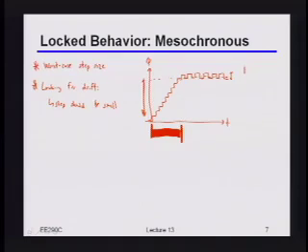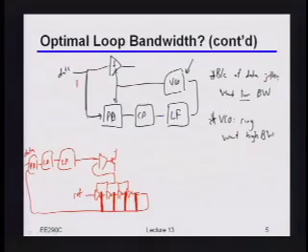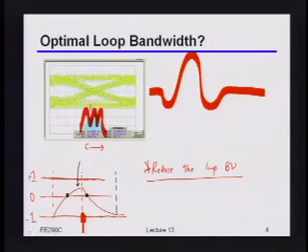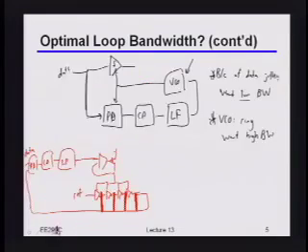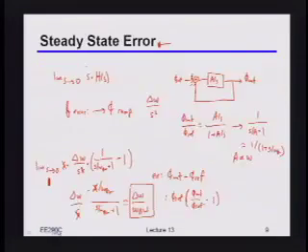It gives you less dither. We said that it allows you to filter out the junk that we know is going to be on the edges more. But now again, we have this opposing constraint, which is that even though you'd like to make the bandwidth low, what you actually have to do is make it reasonably high, or at least higher than you may have liked, just because if you don't, you're going to end up with this static phase error.